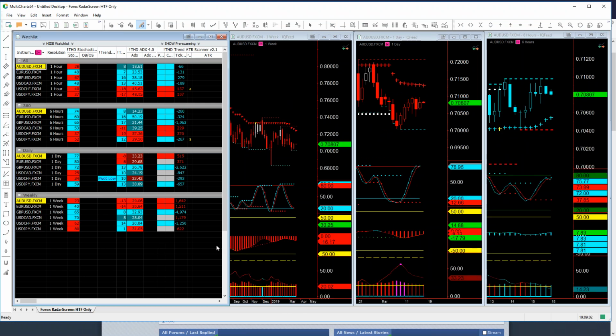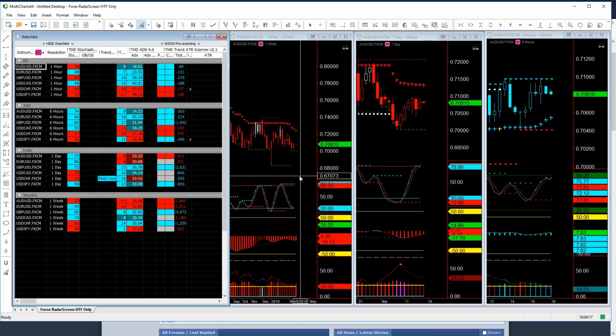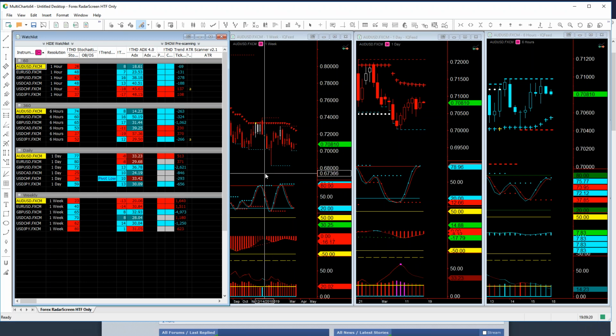When I pull up the Aussie, this is almost at the point of being overextended to the short side, but this is overbought at the moment. So this is saying down and this is saying potentially up this week. Again, you've got a discrepancy here. When I see discrepancies on my higher time frame, I go down in time and trade the lower time frames. Does everybody understand that?